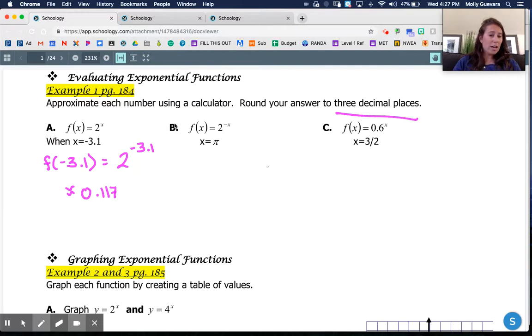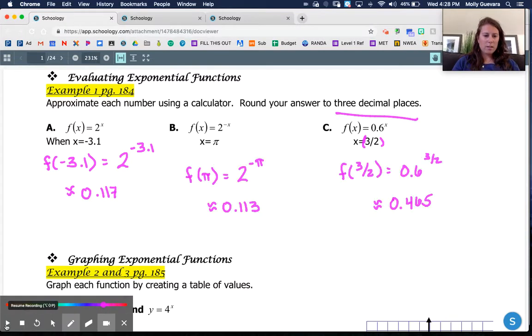Go ahead and try the other 2 for pi. You do have a pi button on your calculator, so make sure you use that pi button and not just 3.14, because that's not pi, right? And then for 3 over 2, make sure you put that in parentheses. But other than that, plug these in, check your work.